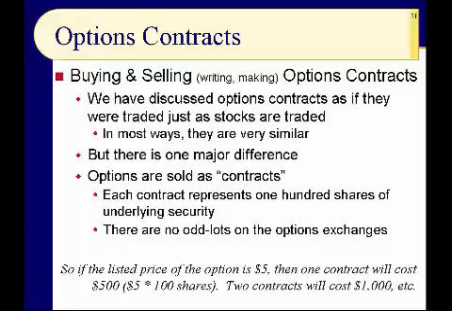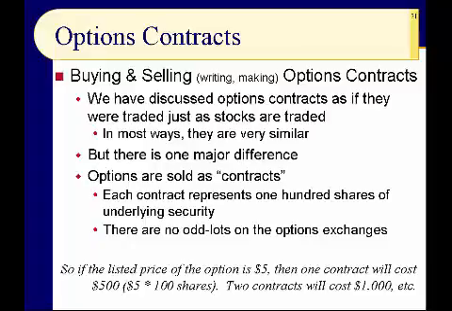Options are sold as contracts. Each contract represents 100 shares of an underlying security. So there are no odd lots. You don't buy an option for 17 shares or 175 shares. You buy options in 100 share increments.